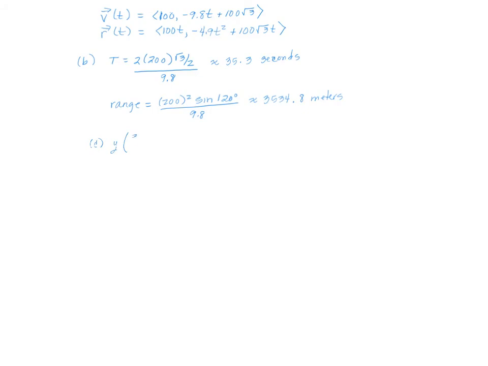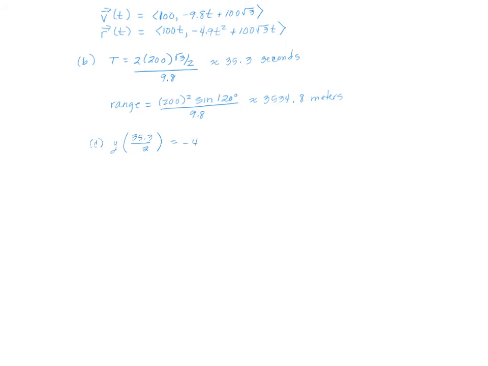So our time of flight was 35.3 over 2. So that's what we're putting in the y component of our position function. So wherever we see t, we're going to replace it with 35.3 over 2.